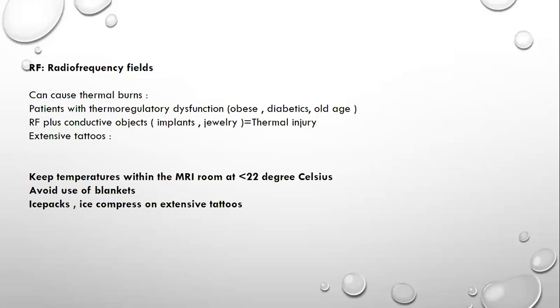Also, patients who have extensive tattoos are predisposed to reaction to the radio frequency fields, giving them thermal burns. So to prevent this, we try to keep the temperatures within the MRI room at less than 22 degrees Celsius. We avoid use of blankets, and we use things like ice packs and ice compresses on patients who have extensive tattoos.